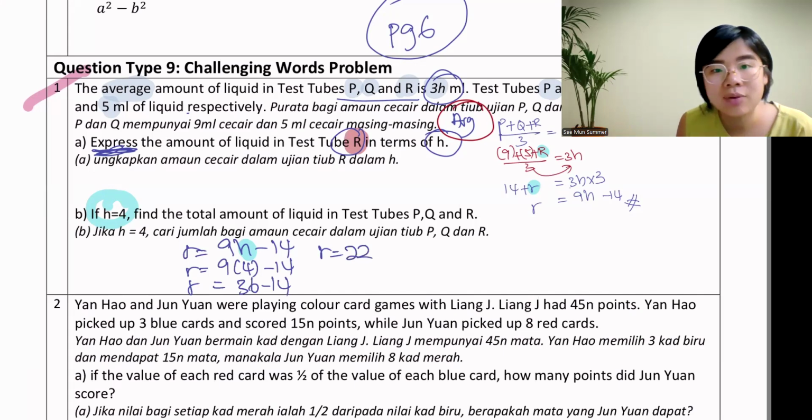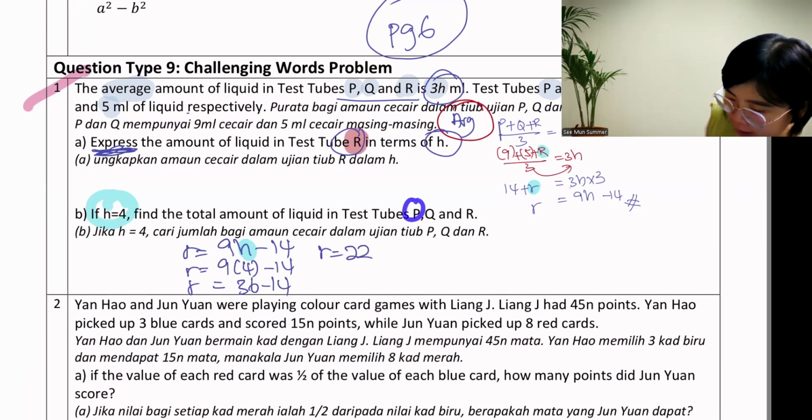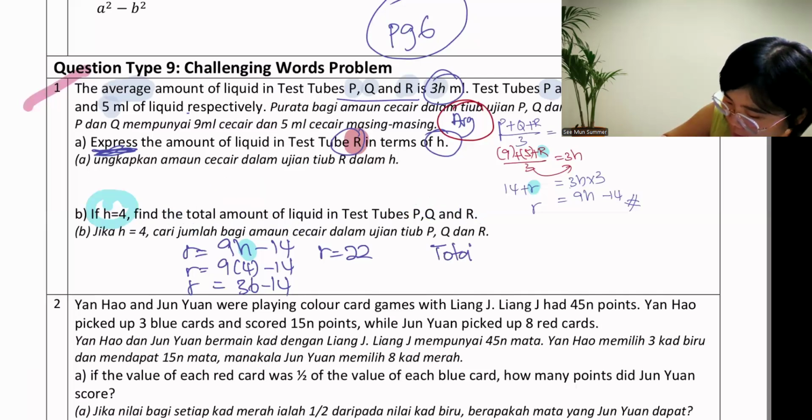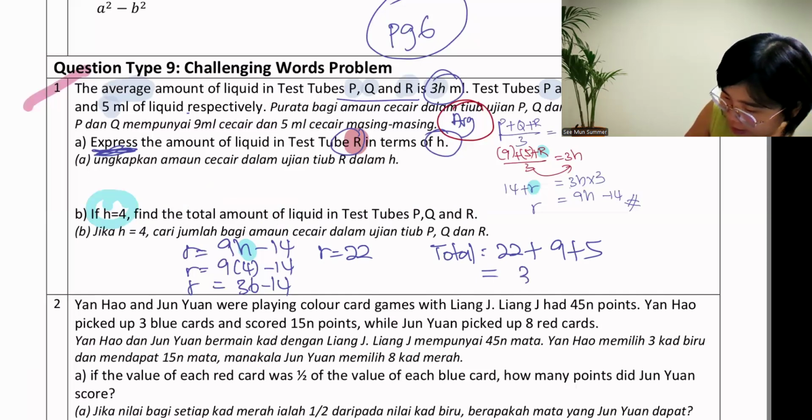Okay, and now this is only for R, because they are looking for P, Q, and R, the total amount. So now you can add together. R will be 22, and then P is 9, and then Q is 5. So the total answer would be 22 plus 9 plus 5, which is 36 ml.